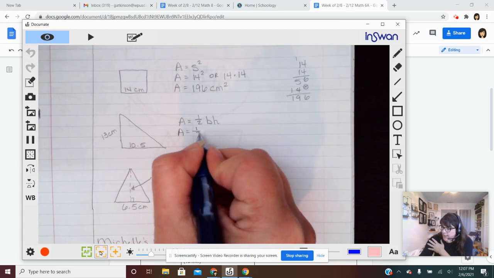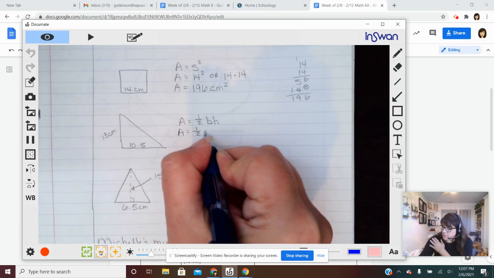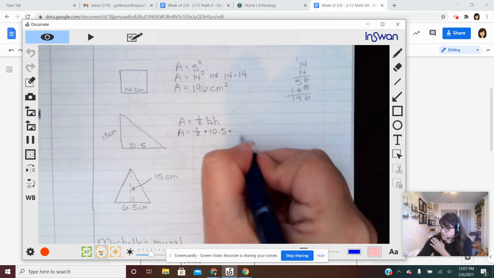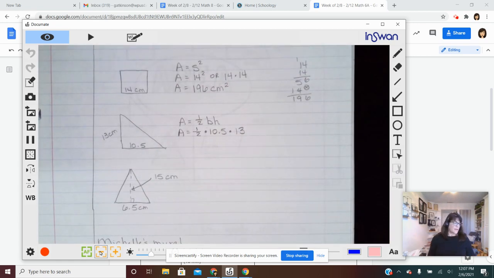Area is 1/2 times 10.5 times 13. Now, here's where, for a lot of you, I'm going to say, go ahead and just take out a calculator.